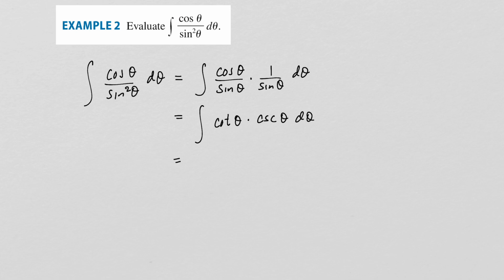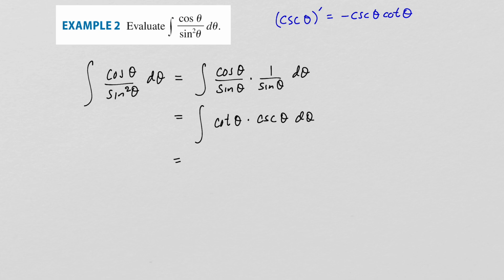Now, we should remember that if you have the cosecant function, its derivative is negative cosecant cotangent. So what I have here is actually the same product of these two functions, but without the negative. So the antiderivative of this is going to be cosecant, but with a negative sign.